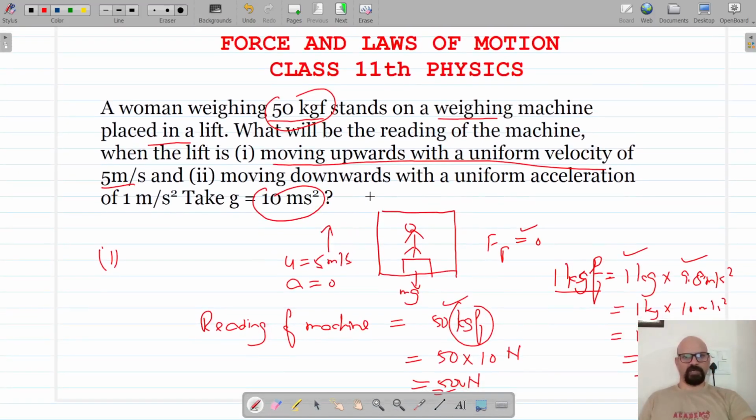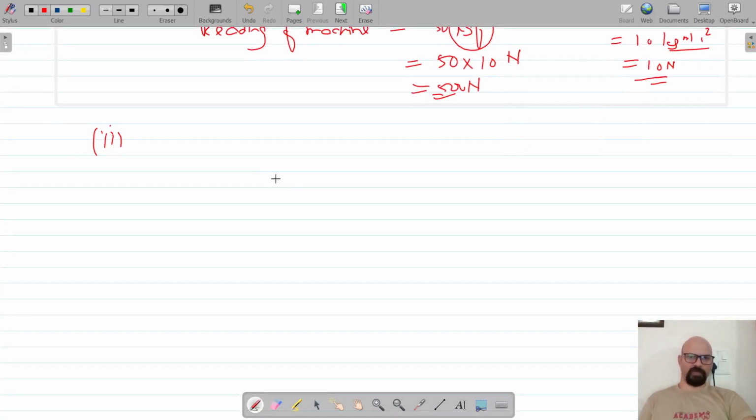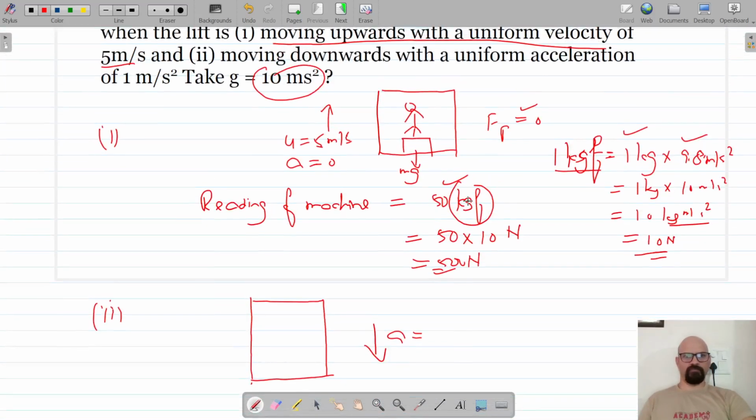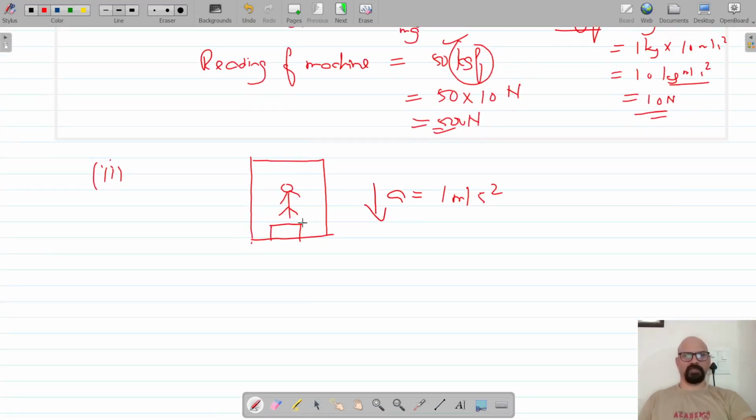In the second case, the lift is moving downwards with a uniform acceleration. So this is the lift, and it's moving downward with a uniform acceleration of 1 meter per second square, and this is the woman standing on a weighing machine. In this case, the weight is acting downwards.